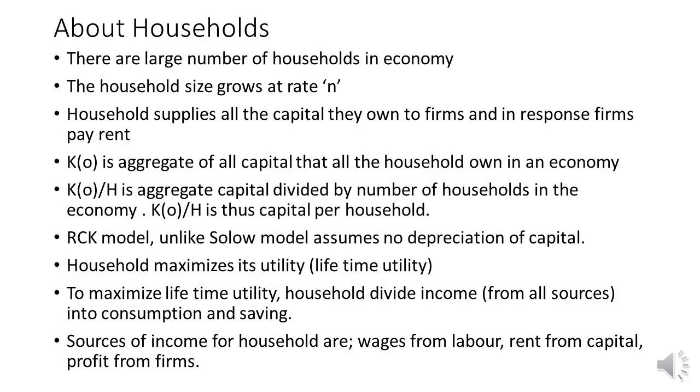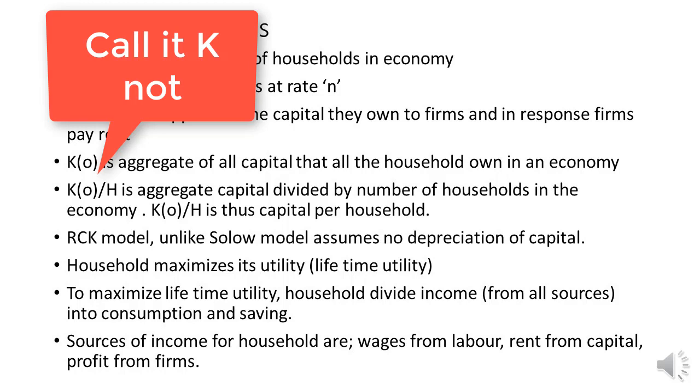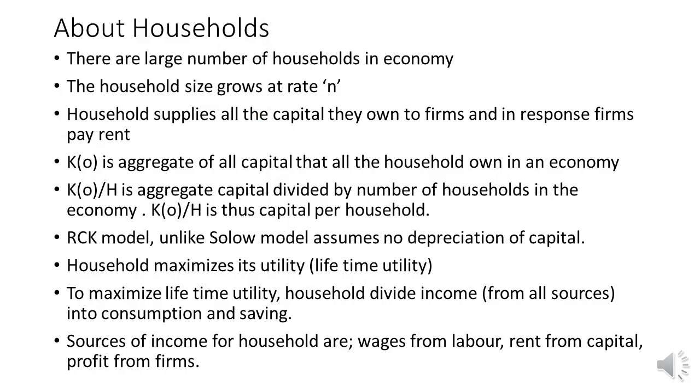K0 is the aggregate of all the capital that all the households own in an economy. So all the capital in the economy that is owned by the households is denoted by K0, which is the aggregate of all the capital.